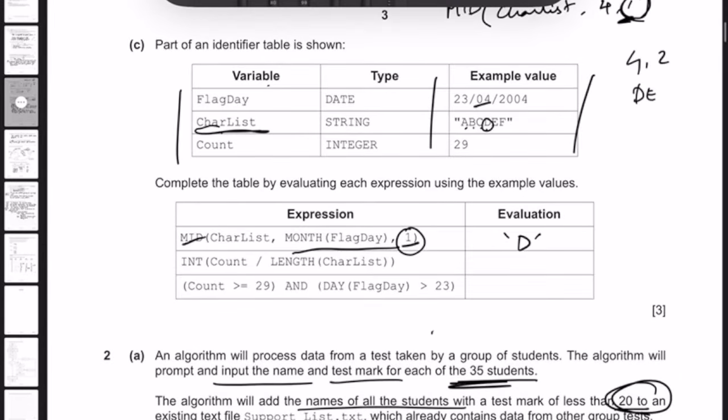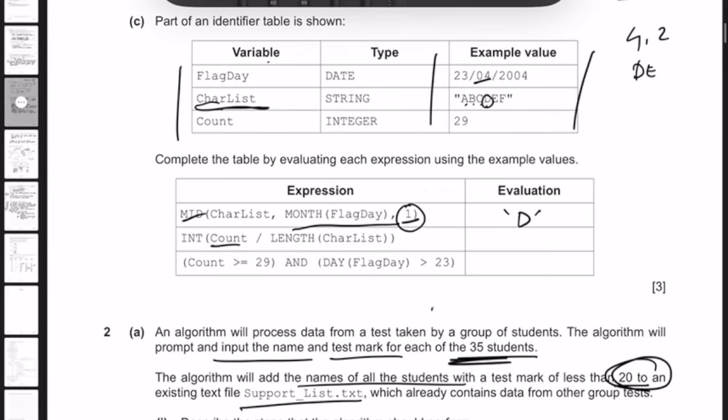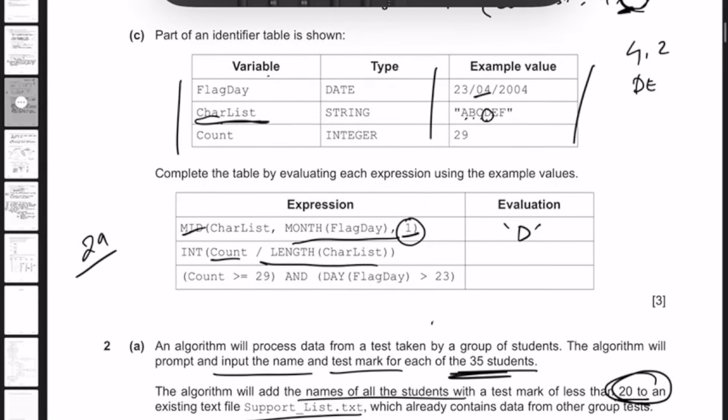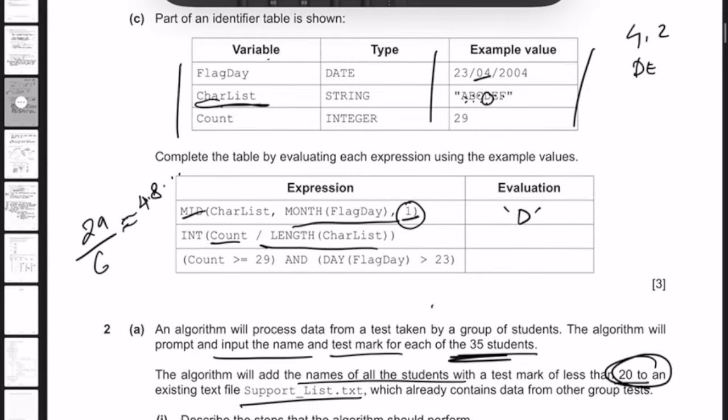Now, integer count divided by length of char list. So 29 divided by the length of char list, which is 1 2 3 4 5 6, 6. That is approximately 4.8 something. But since it's an integer, we'll only get 4 as the integer value.